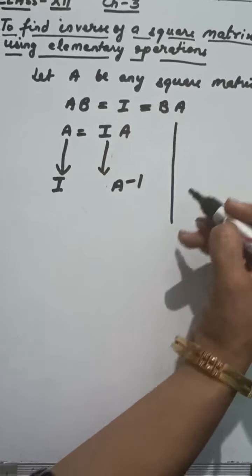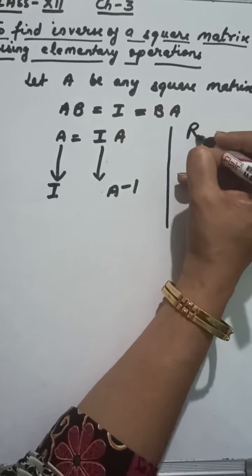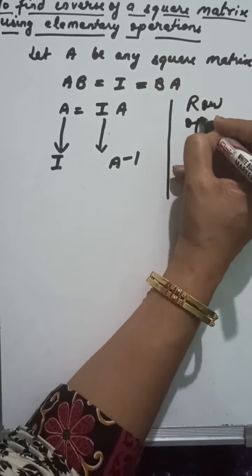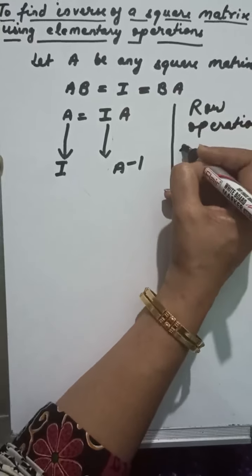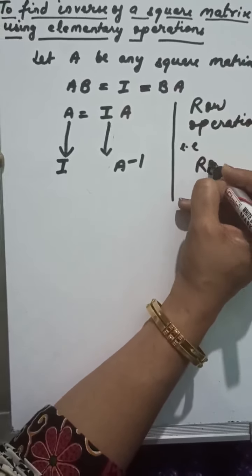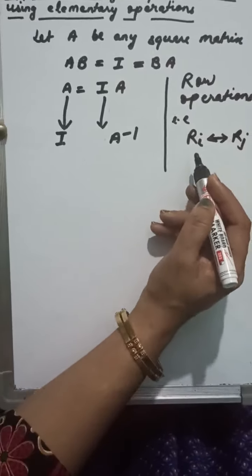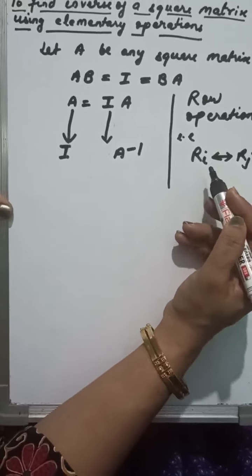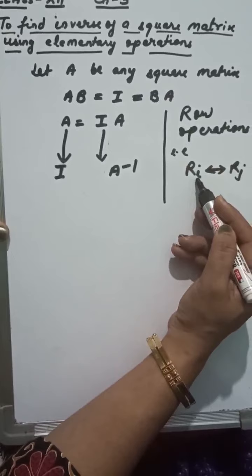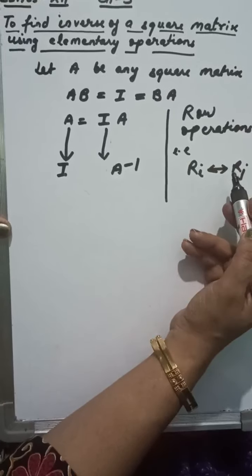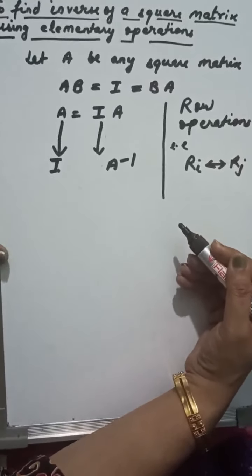Now, there are elementary row operations and column operations. When we talk about row operations, there are three major row operations. First, Ri double arrow Rj, which means interchanging two rows. Suppose we want to interchange the first and the second row, then it can be written as R1 double arrow R2, and the same operation is applied on the left hand side as well as on the right hand side.